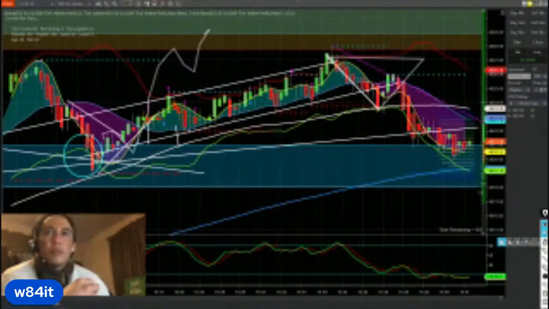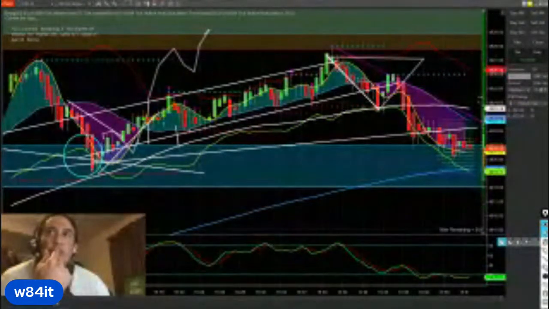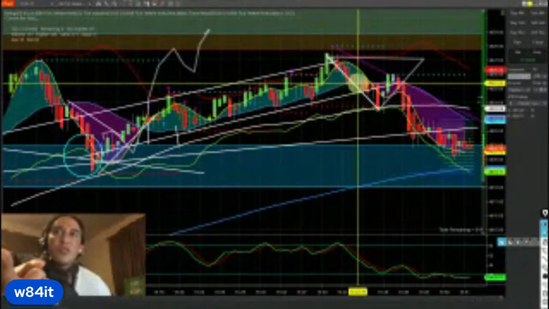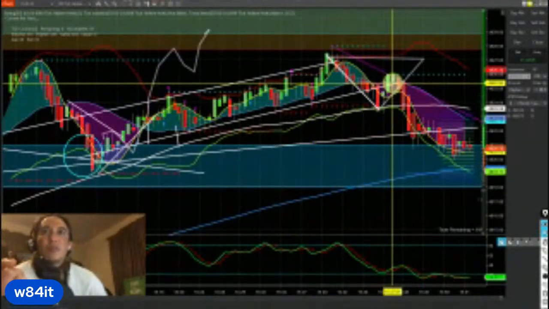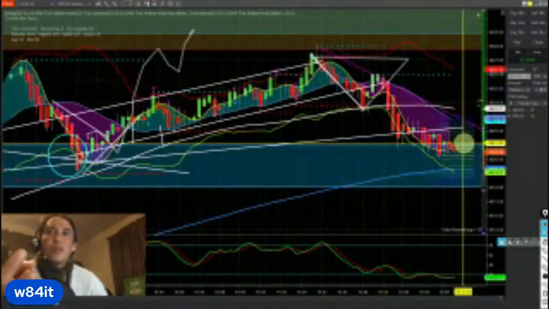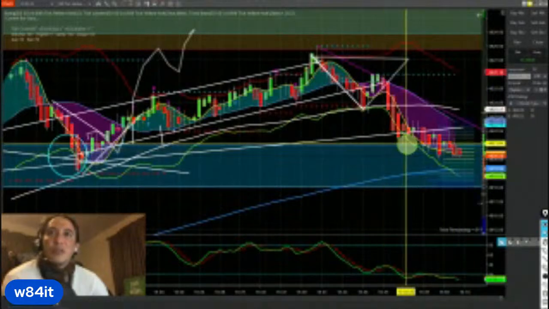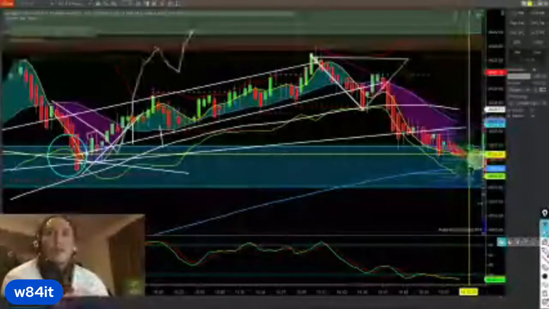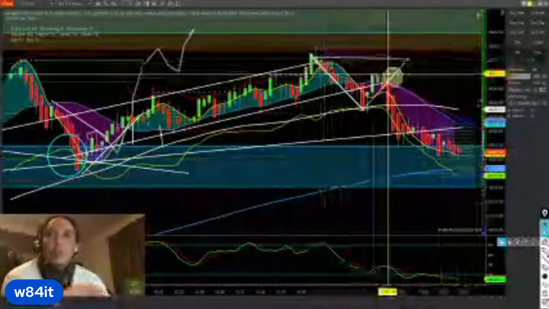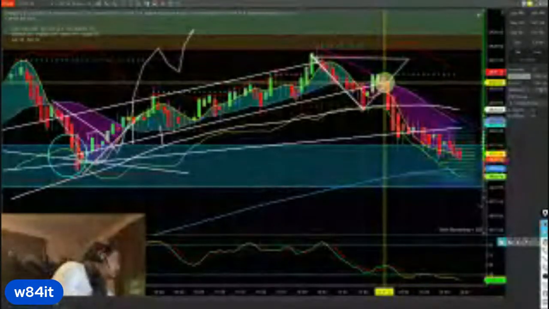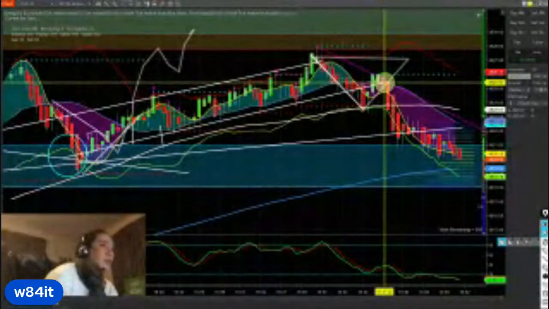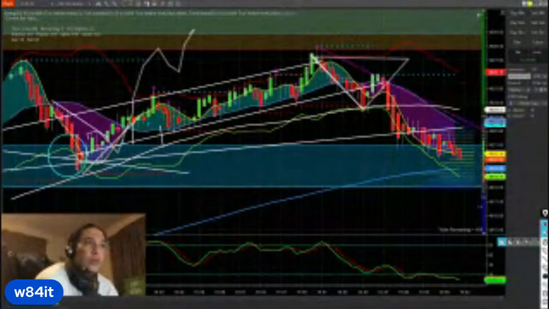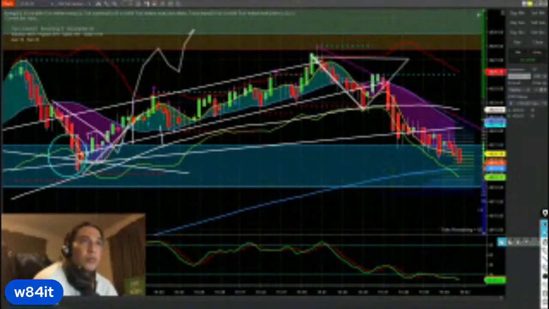Yeah. I think now this is distribution right here. I'm upset I missed it. 1, 2, 3. It's probably getting close to the bottom right here. I could have shorted that from right here if I was paying attention. Order flow. No.